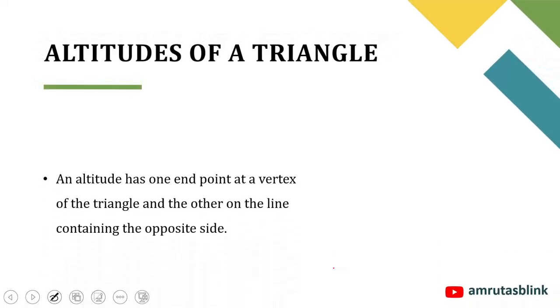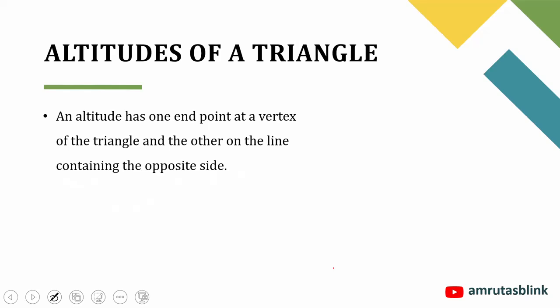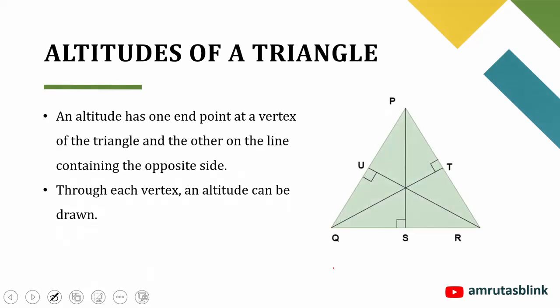Altitude of the triangle. An altitude has one endpoint at the vertex of the triangle and the other on the line containing the opposite side. Through each vertex, an altitude can be drawn. What is an altitude?